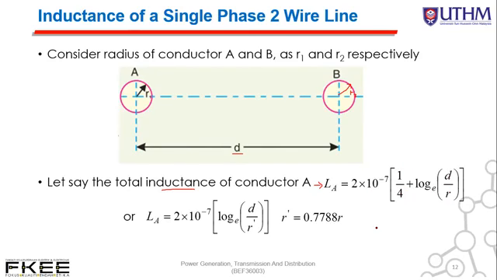Or we can simplify this equation to L_A equals 2 times 10 to the power of minus 7 log exponent D over R prime, where R prime is 0.7788 R. Okay, we will see how we got this value later.